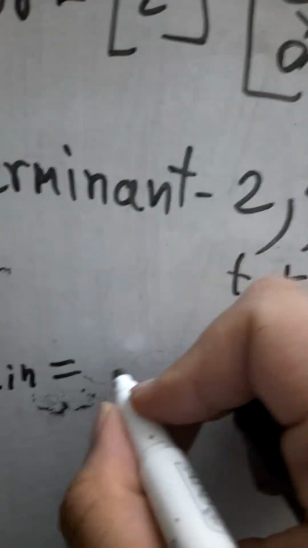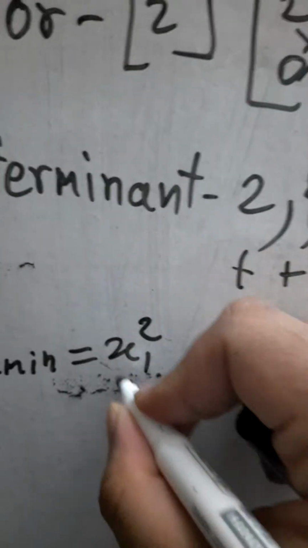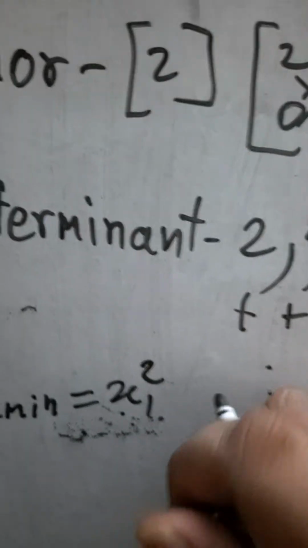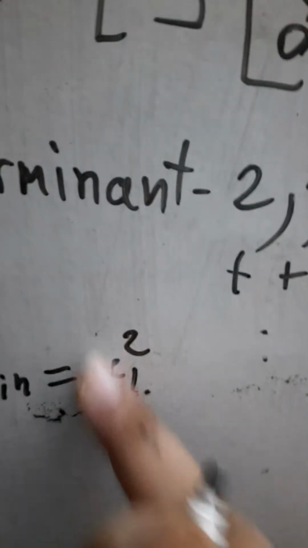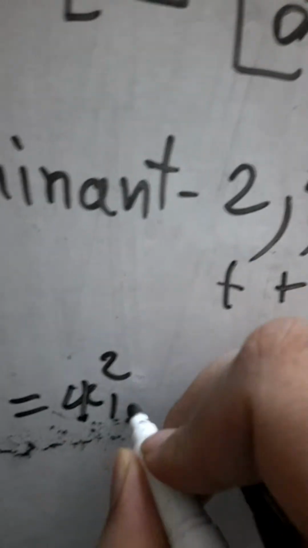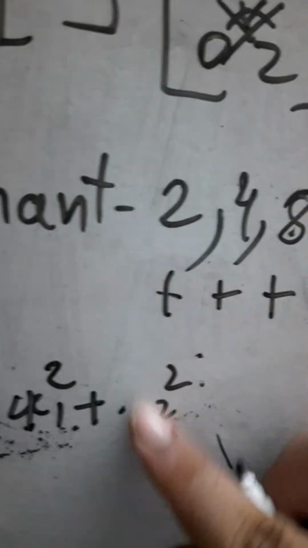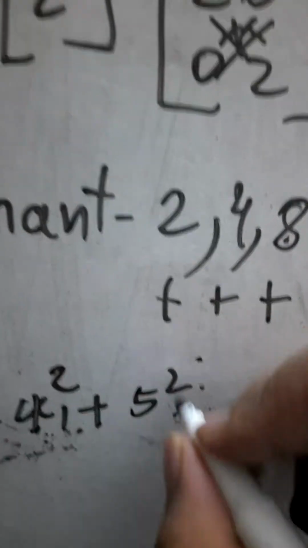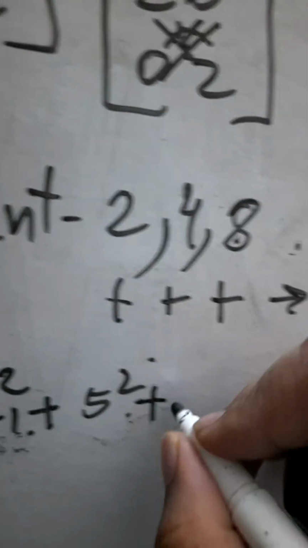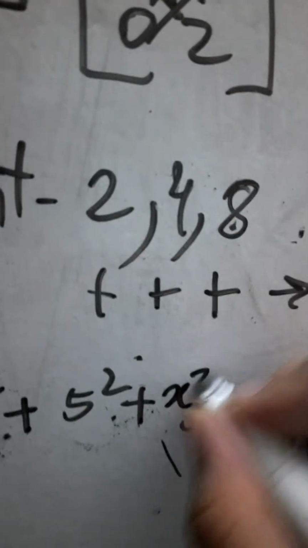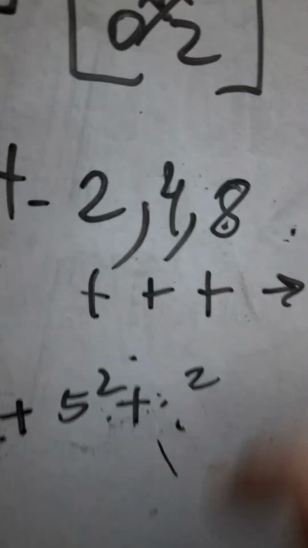So x1 was 4, x2 was 5, x3 was 6. So x1 squared is 4 squared, plus x2 squared, which is 5 squared, plus x3 squared, which is 6 squared.